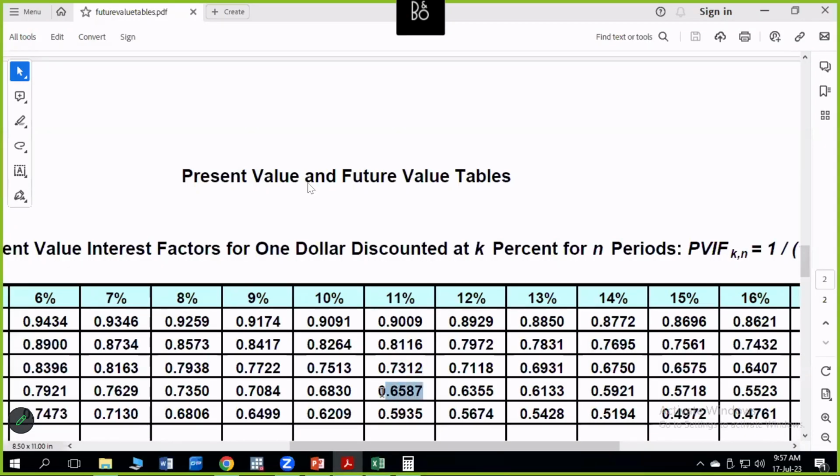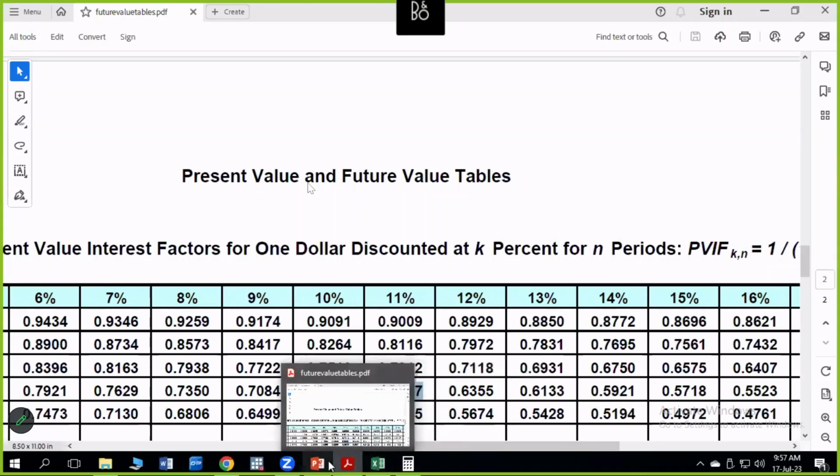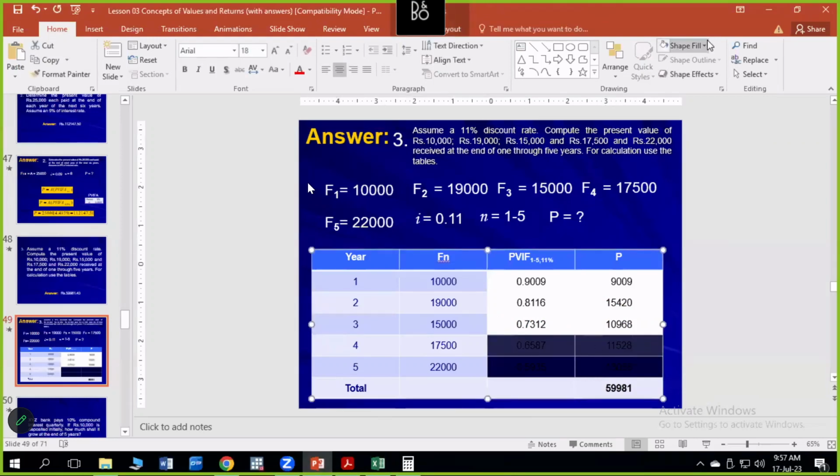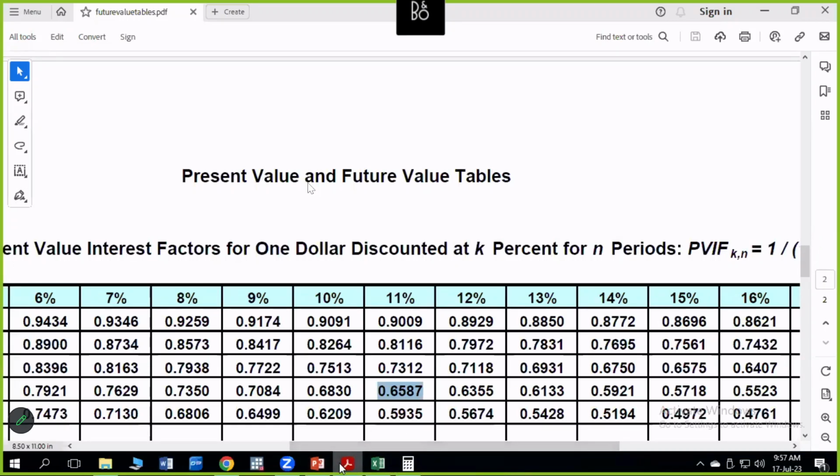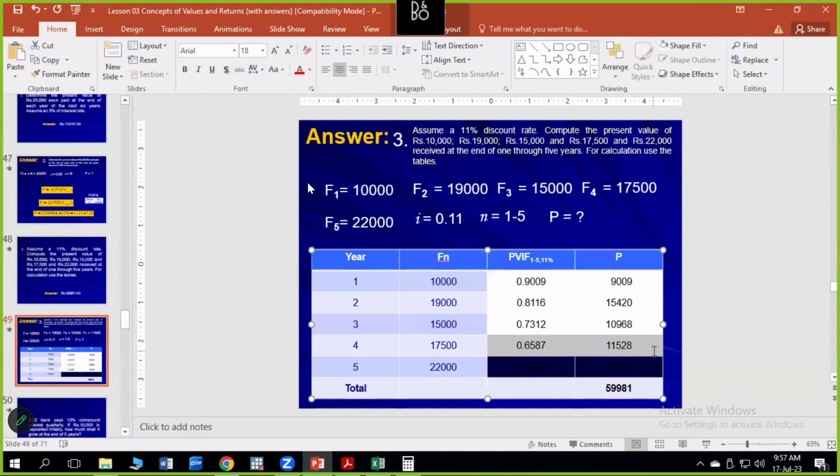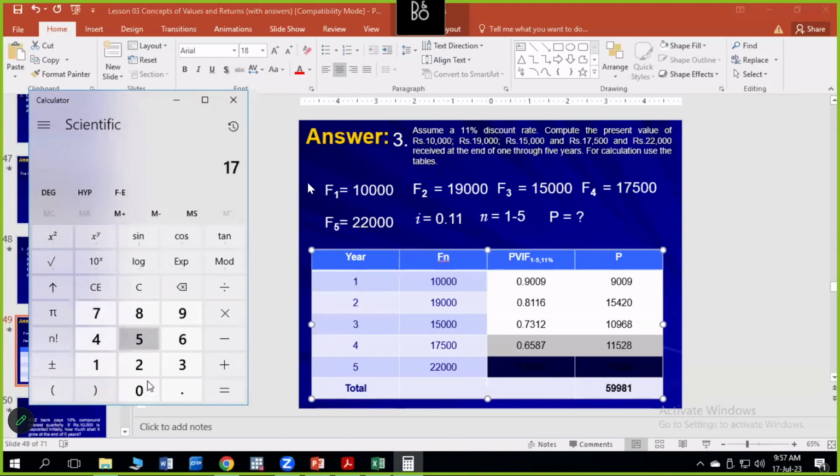Okay. Then the fourth factor, that is 0.6587. So you can substitute it and multiply 17,500 into 0.6587.